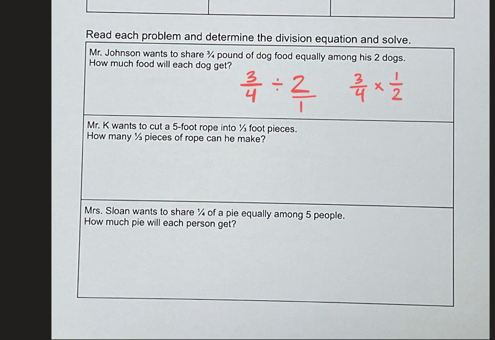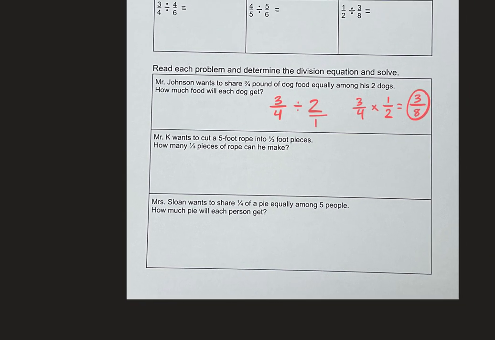So instead of 2/1, you would have 1/2. Then you would multiply across. 3 times 1 is 3. 4 times 2 is 8. There's your final answer. And we can't simplify that because 3 and 8 can't be divided by the same number. So you guys go ahead and finish those last 2 word problems.